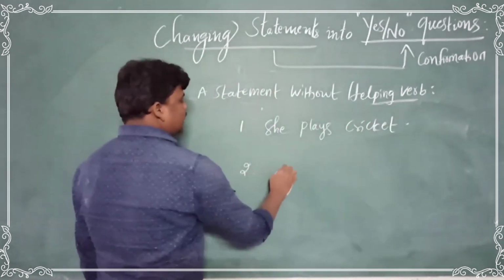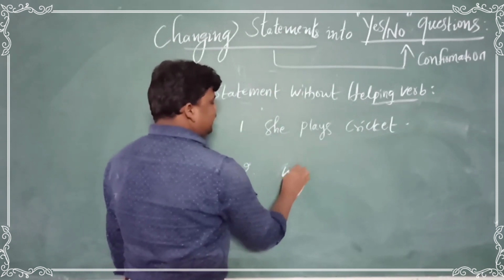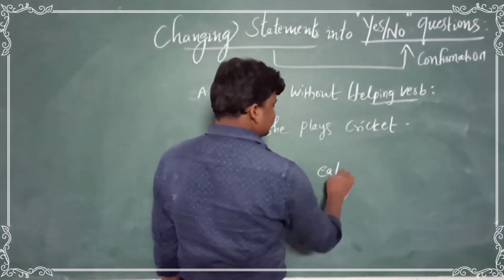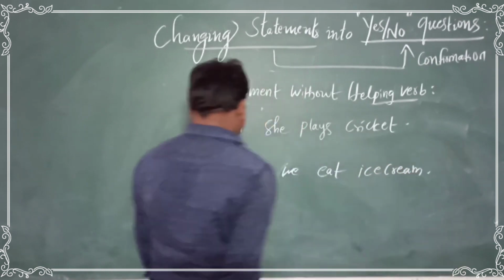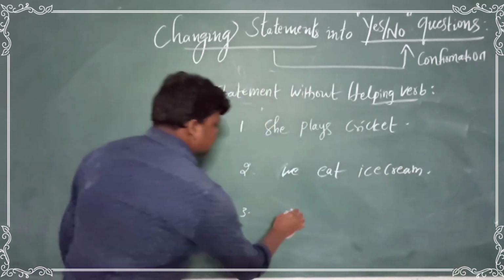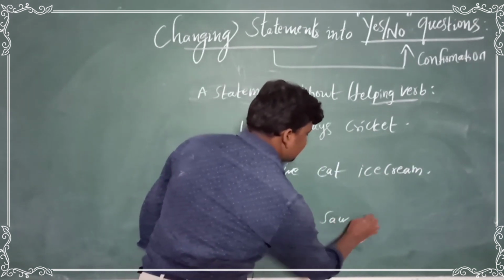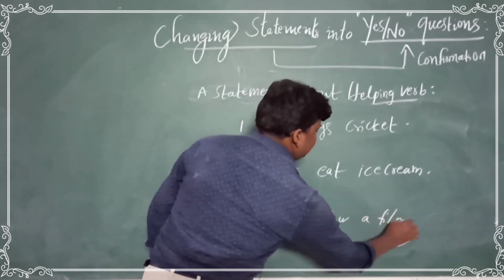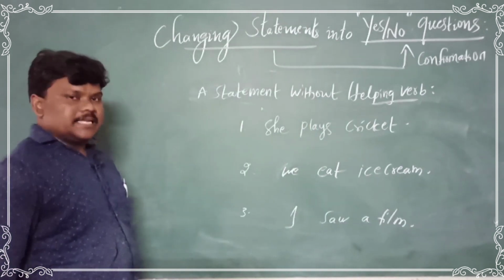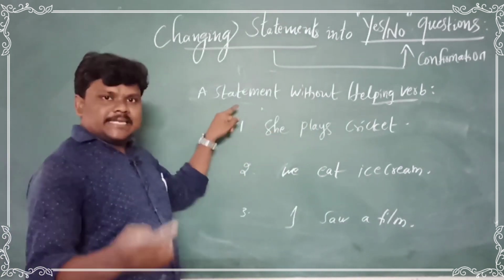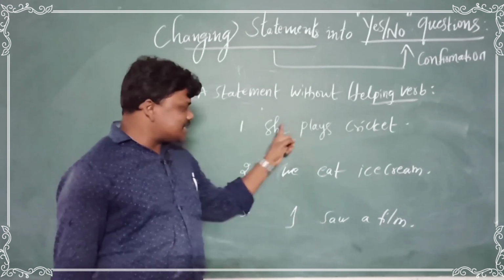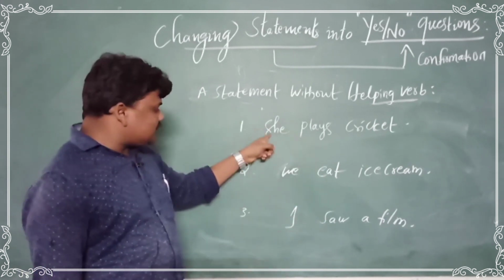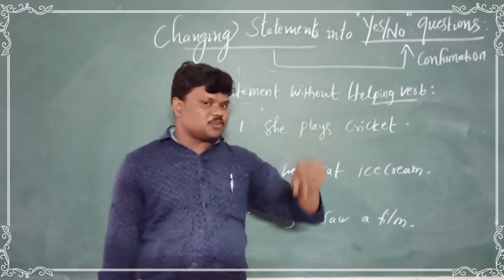Second one, we eat ice cream. And the third one, I saw a film. A sentence which starts with the subject is called a statement. These are statements. How do we change these statements into yes or no questions?